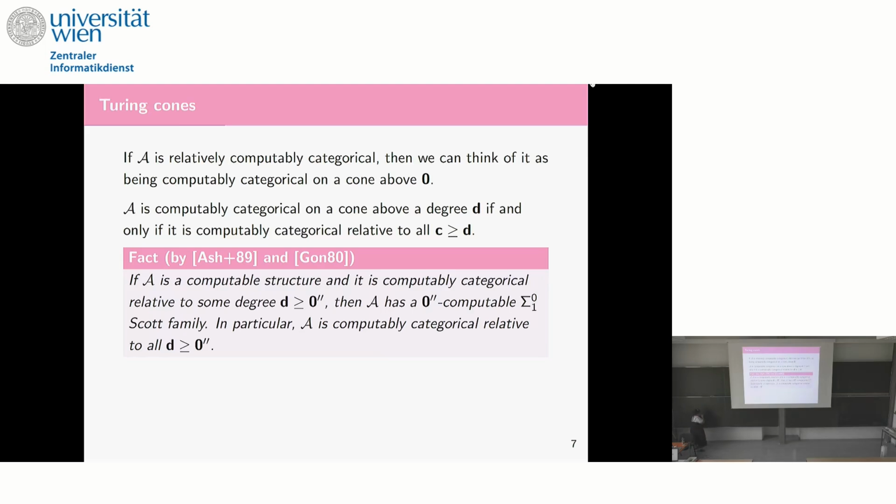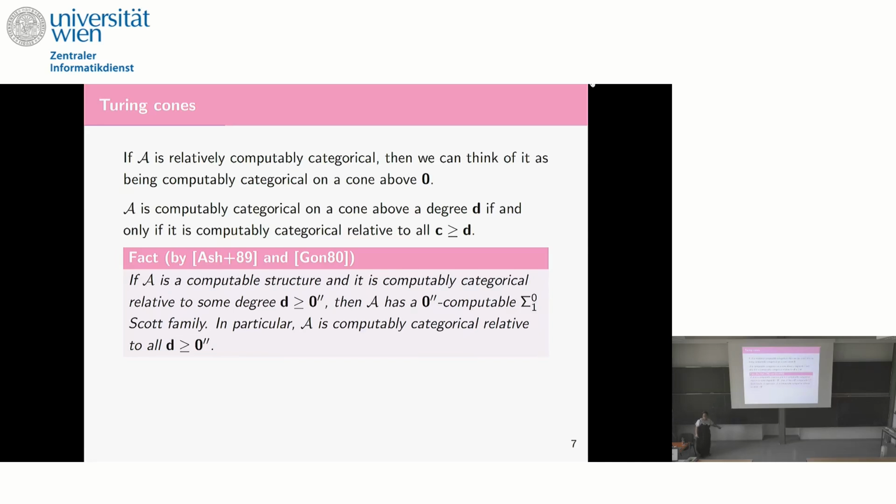The image that I draw a lot is this: you have the computable degree, you have zero prime, and then you have zero double prime. For some structures, you can have them be CC relative to all degrees in the cone above zero.